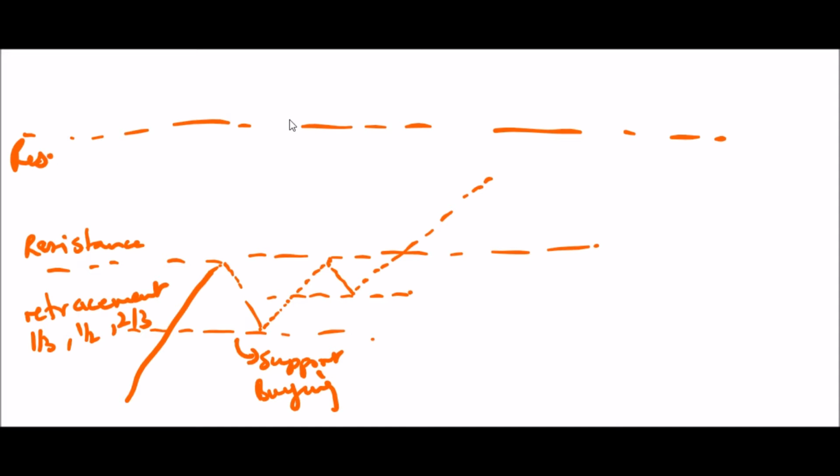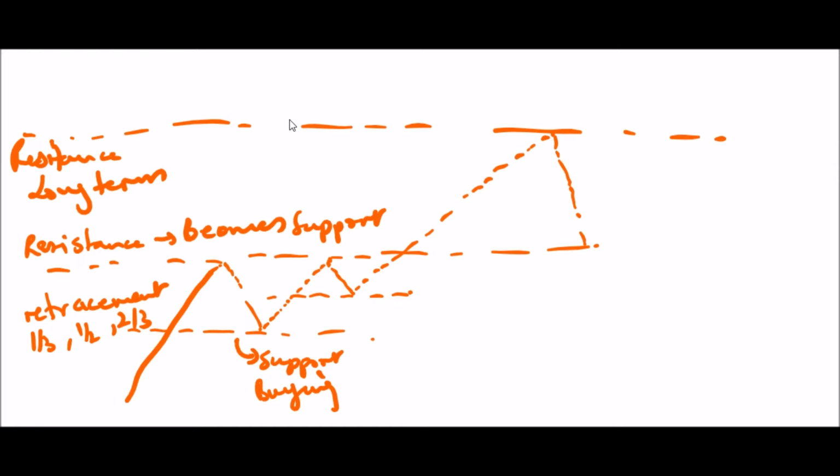Here the buying overcomes the selling and the prices start moving back up. Those players who only invested 50% of their money in the initial move will also start buying on retracements, and those players who went short at the resistance may start looking to take profit at this level at the retracement.